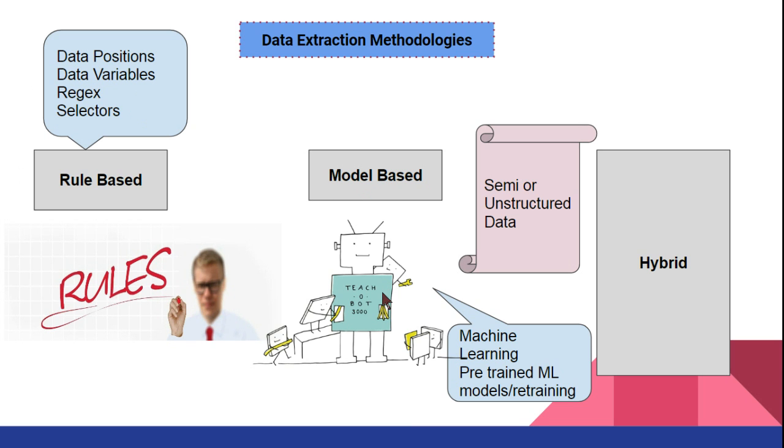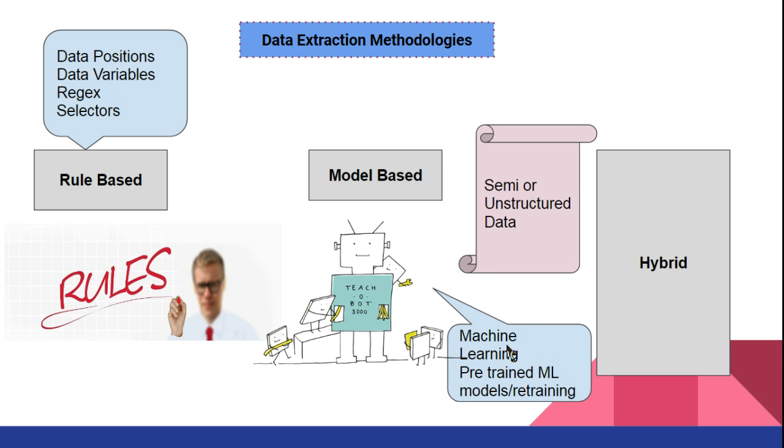Model based, in machine learning, is used when a paragraph is written and you have to interpret meaning. What is the meaning of this, of that? So it extracts the data using pre-trained machine learning models. We will understand this a little bit. If you are not into machine learning, do not worry, you can still learn it.